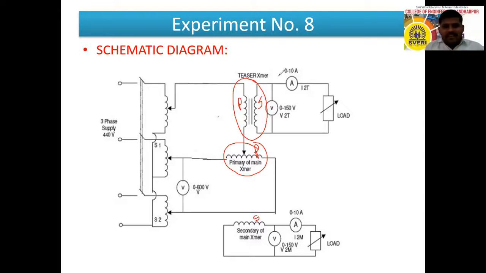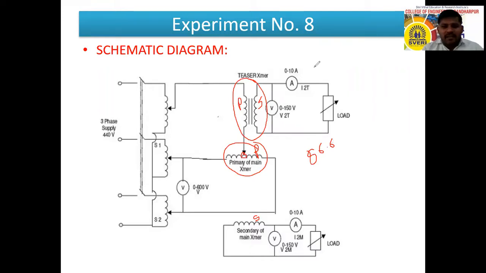The primary winding of the main transformer is centrally tapped, that means tapped at 50%. And we have derived how much of the primary winding is used for the teaser transformer: it is 86.6%. We have derived this.